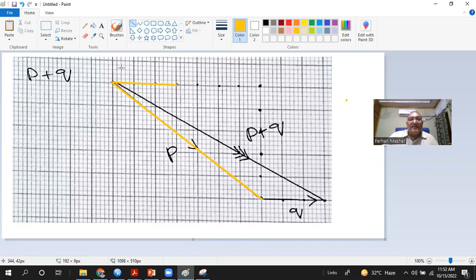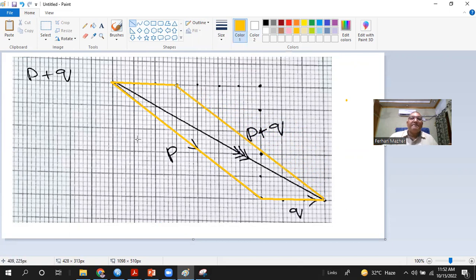Then you will suppose that these are the sides of the parallelogram. If they are the sides of the parallelogram, then one Q will be here. Then you will join this point with this, so you will see this parallelogram will be completed.